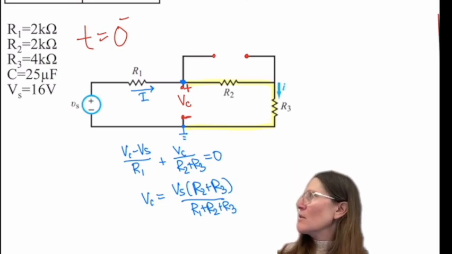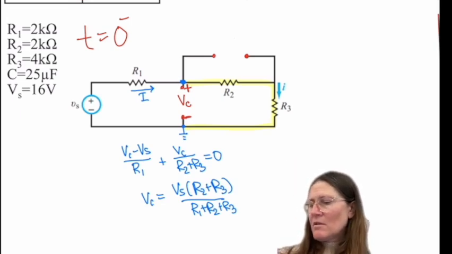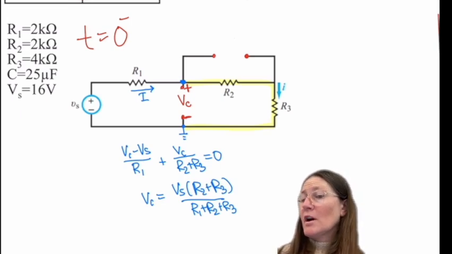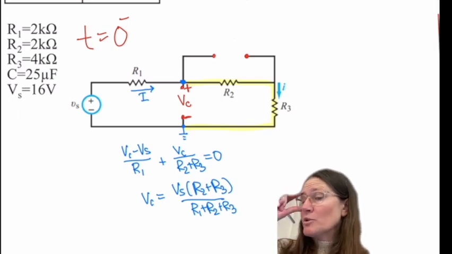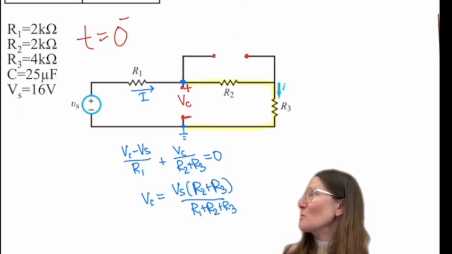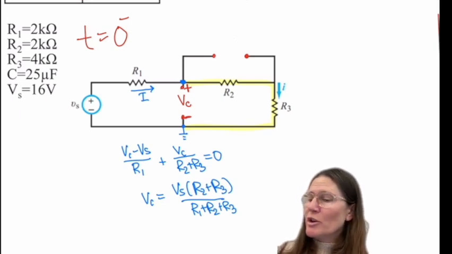Yes. If we knew I, could we also just use Ohm's law, since no current would be going into that open? Yep. If you knew I, which would be Vs over (R1 plus R2 plus R3), you could also use Ohm's law.